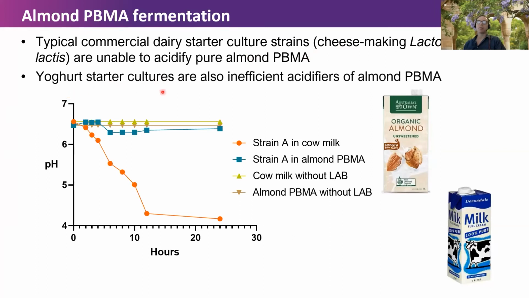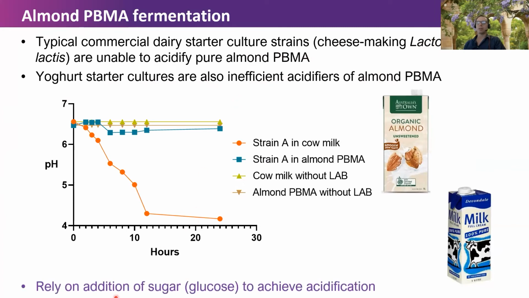The yogurt starter cultures are used, and they're partially okay, but they're still not very efficient acidifiers of almond milk. They're not Lactococcus, they're other bacteria. So we were interested in trying to find some of our plant-based lactic acid bacteria that could be better at fermenting some of these plant-based substrates.